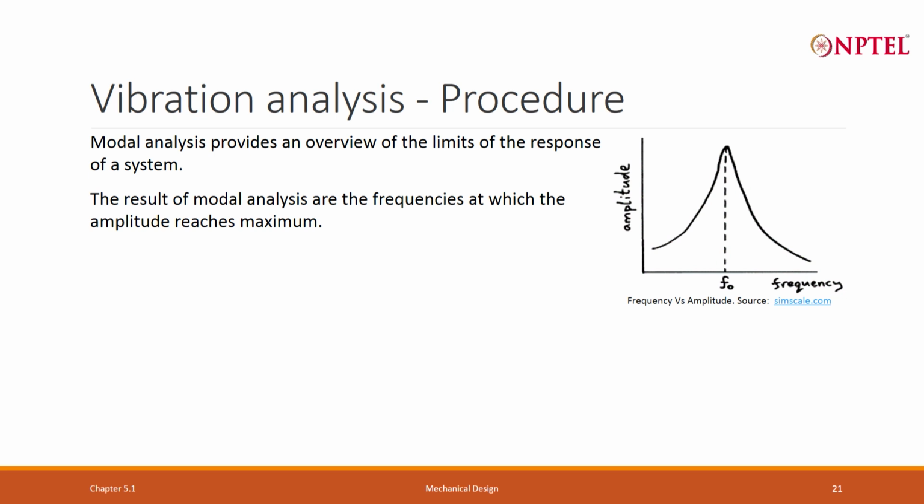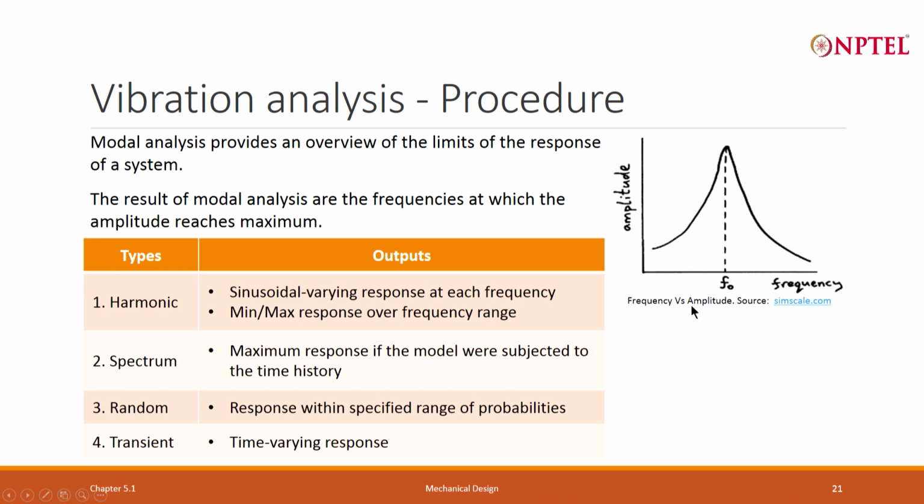So, the result of modal analysis is the frequency at which amplitude reaches maximum, and those are generally known as natural frequencies. F0 you see here, this is the result of modal analysis, where my amplitude becomes maximum.